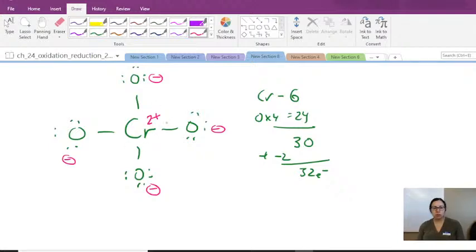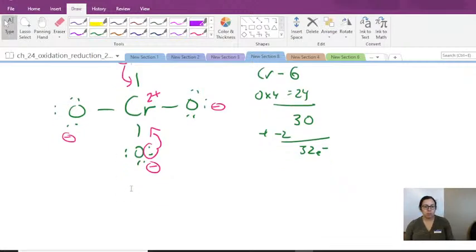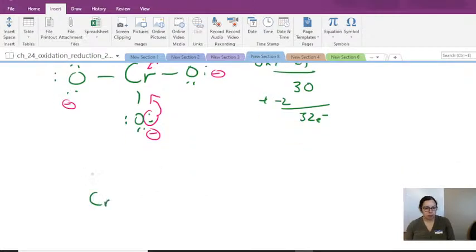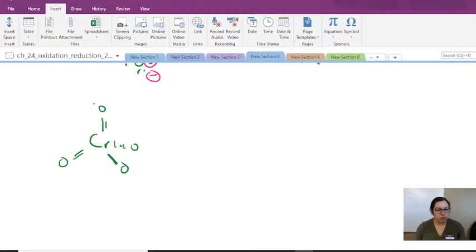Probably the best structure, so that we don't give chromium a negative formal charge, is to make 2 double bonds. And it doesn't matter which ones you pick. And obviously you can go crazy drawing resonance structures then. So I'll just redraw. Now would it be a +2, right? So it's the whole thing with +2 if we double bonded everything.